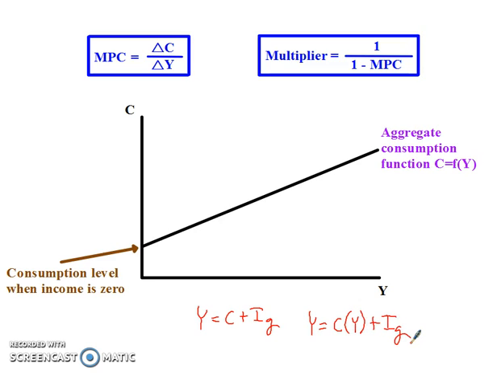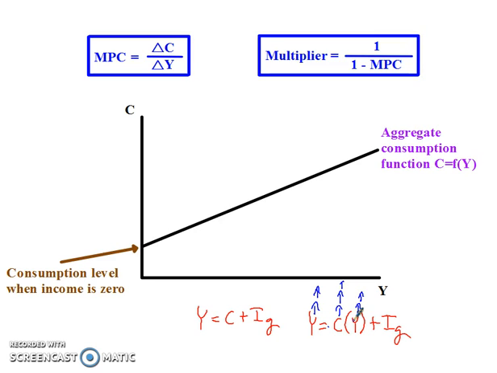So this is what we saw on the previous video, where we saw an increase in consumption would of course cause an increase in income because there's an equal sign here. So if this side goes up, this side has to go up. But then if y goes up through the multiplier effect, that causes c to go up. And then if c goes up, that causes y to go up again. But if y went up, that causes c to go up. And off we go through this multiplier effect thing.